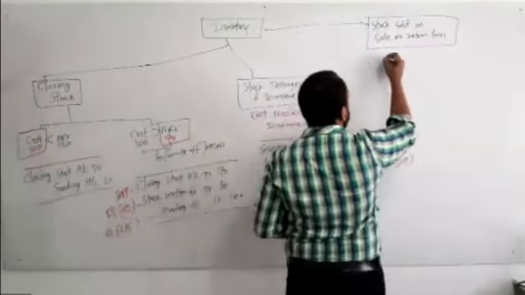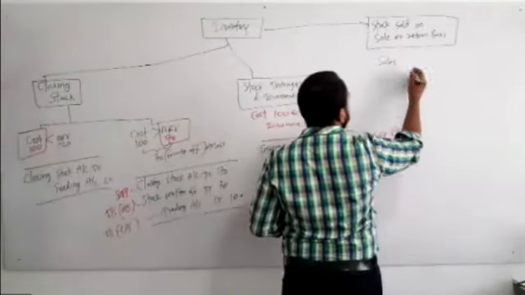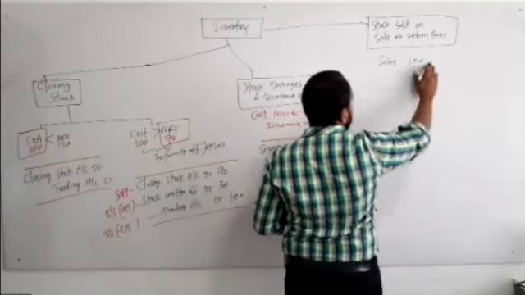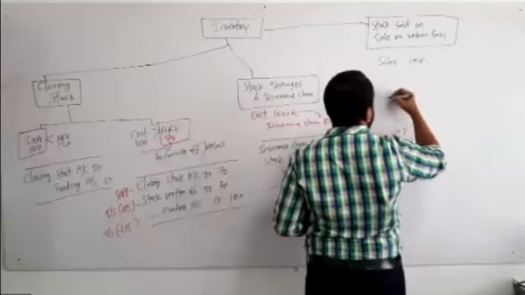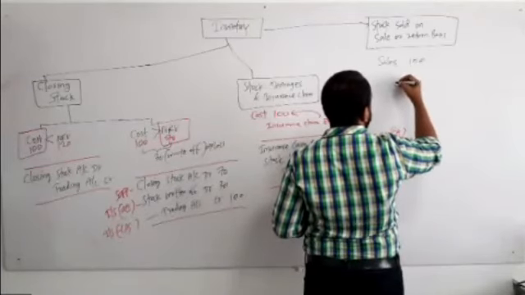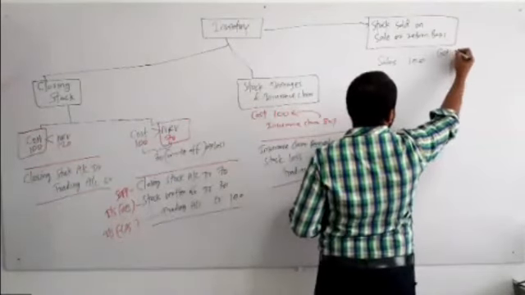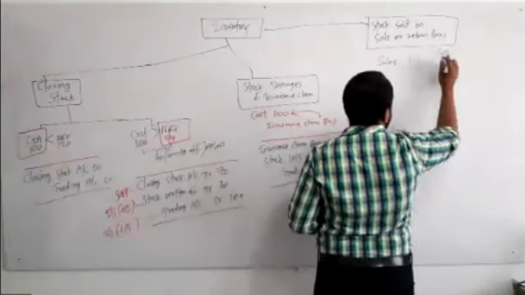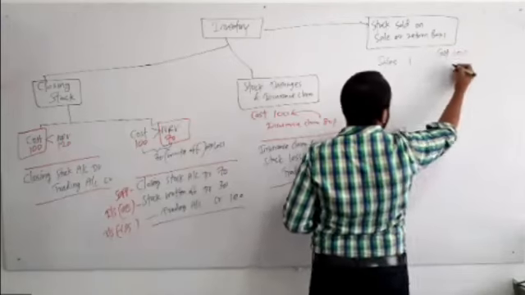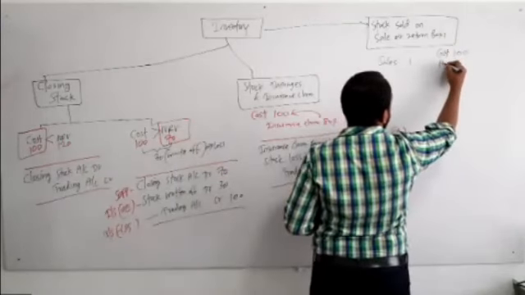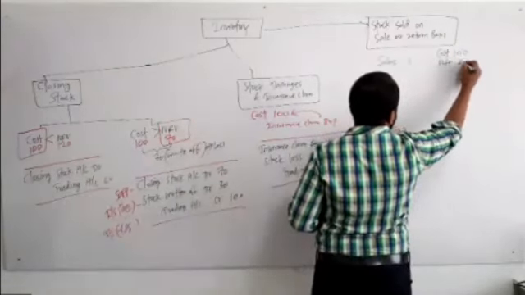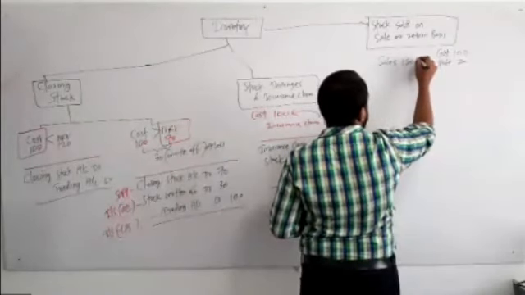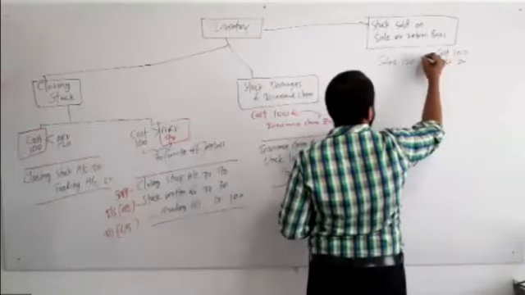So let's say we did a sale of 100,000. Let's say cost is 100,000, profit is 20, sales value is 120.